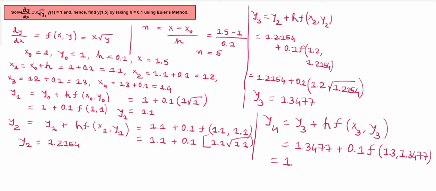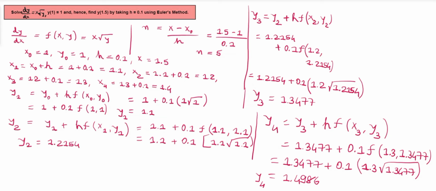Again the same thing, we'll place x root y. So this will be 1.3477 plus 0.1 into 1.3 root 1.3477, and this we get equal to 1.4986.